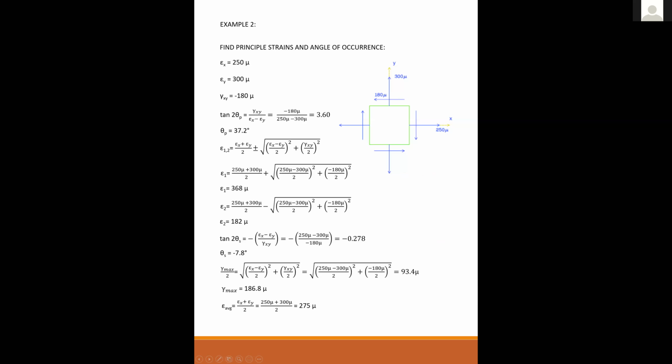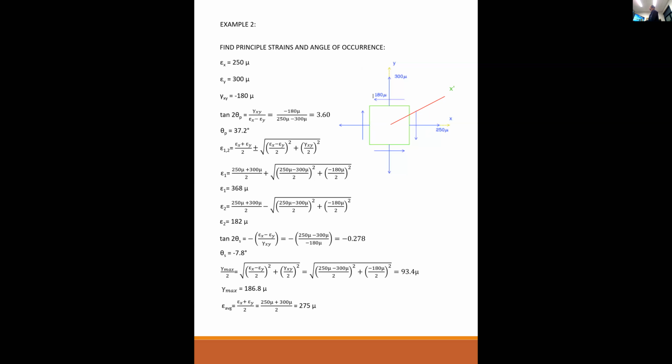Let me try to explain it this way. We found that the principal angle is 37.2. So if you go here and rotate, this becomes your x prime. It's along this coordinate axis, 37.2, that you will have your maximum x prime.